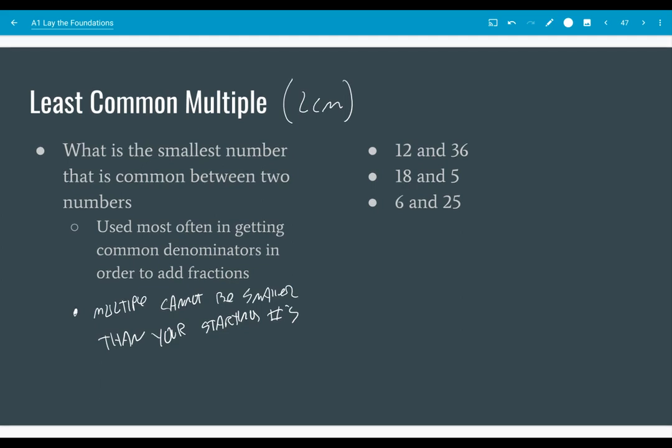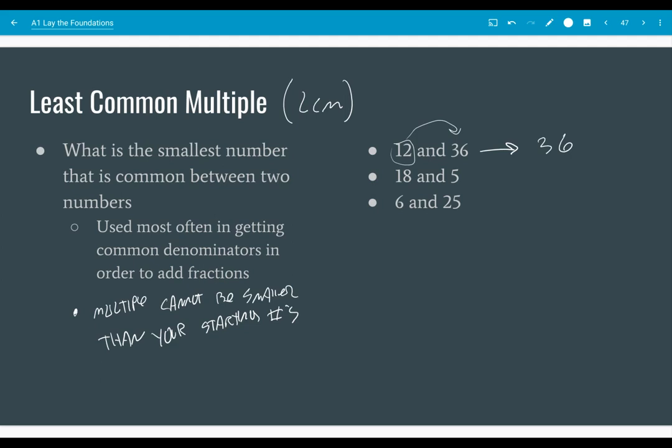Okay, so if we think of 12 and 36, well, can we multiply 12 by anything to get to 36? And we can. So our least common multiple of 12 and 36 is actually 36.